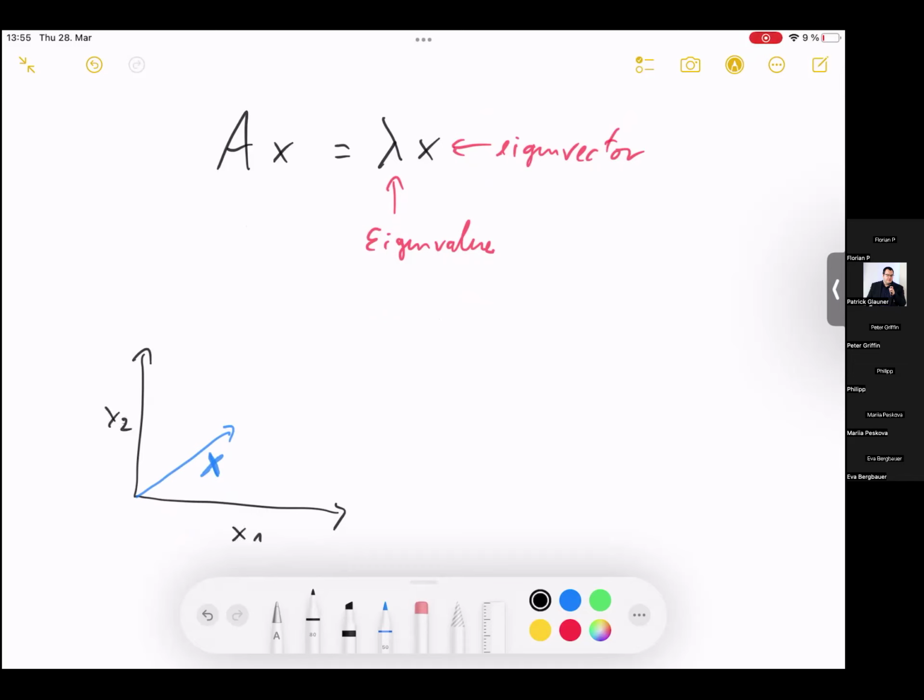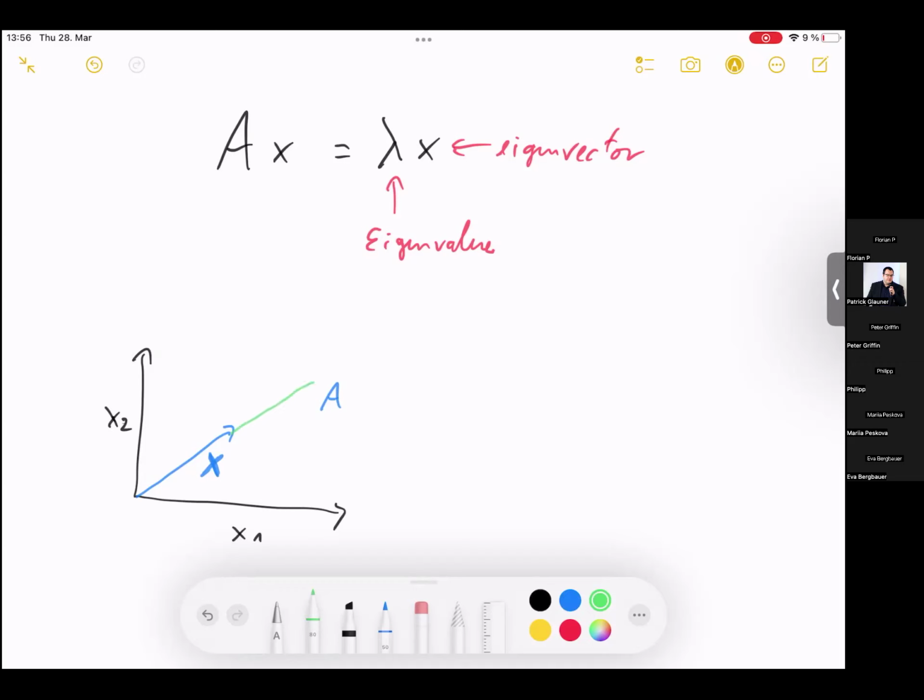And I have a vector X, and if I multiply it by a matrix A, of which X is an eigenvector, then the direction of X does not change. So if X is an eigenvector of A, and we multiply A times X, then the direction of X does not change, but its length could change.